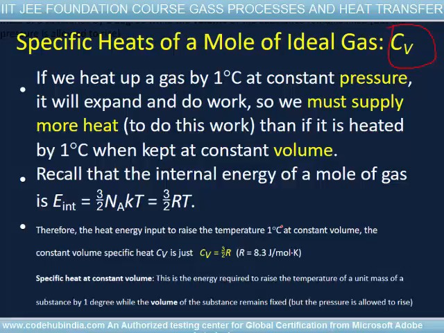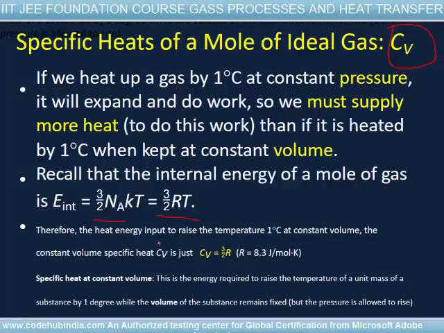That means if endothermic or exothermic, heat required or heat given off, of that heat capacity at constant volume. Molar heat of ideal gas. Recall that the internal energy of a molar gas you have calculated, that was 3 by 2 RT.